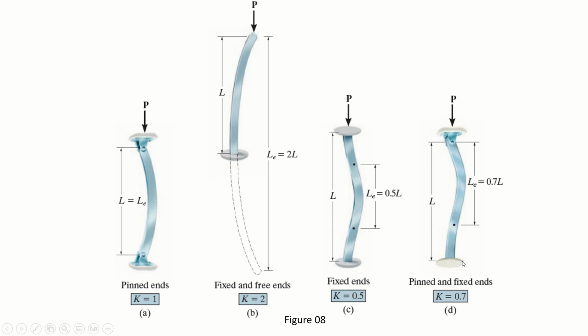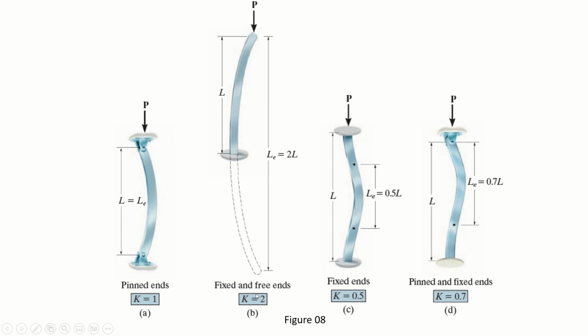And when one end is fixed and the other end is pinned, 30% of the column length will not be subjected to bending or buckling, and 70% of the length will be subjected to bending or buckling. So these are the four different conditions which depend upon the boundary or support conditions, and the effective length is different for all of them.